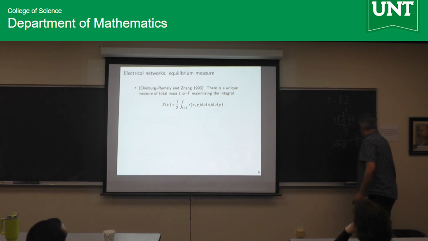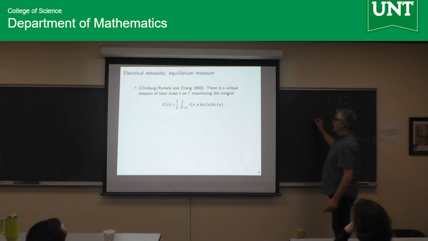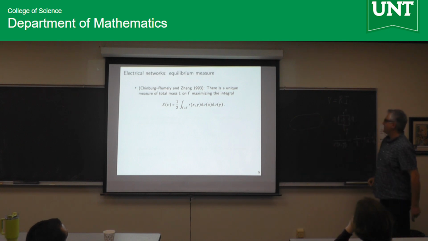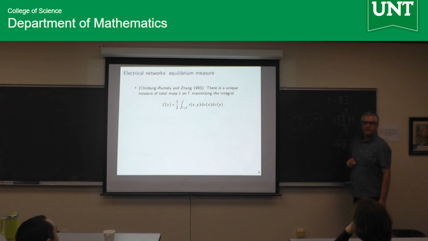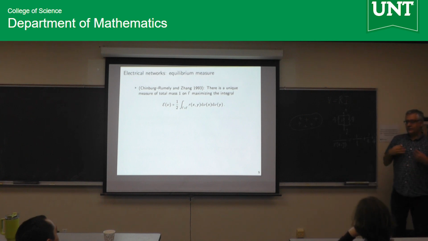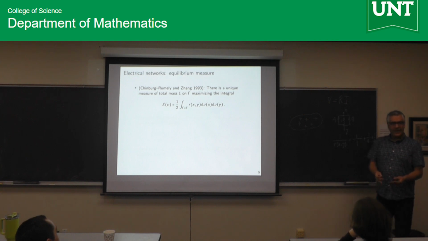Before going further, let me say what kind of thing I'm talking about. Forget about graphs. Just buy a piece of metal. Think of it like a metal in complex numbers, and then put some electric charge on it. I hope you know electric charges that are of the same sign don't like each other, they want to repel, they want to go away.